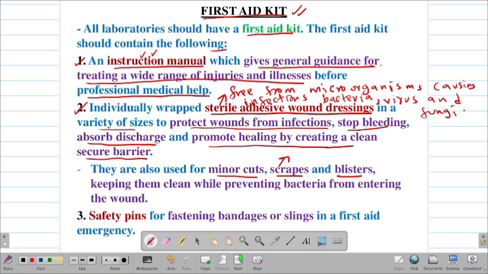Now, blisters are simply small bubble-like elevations of the skin filled with clotted blood, pus, or what we call a clear serum.